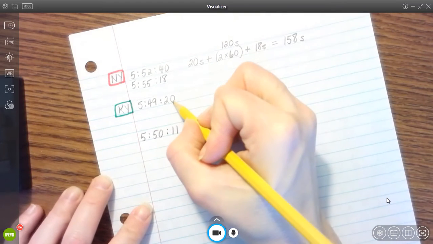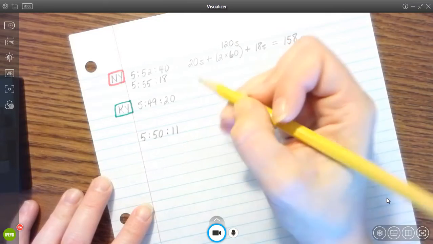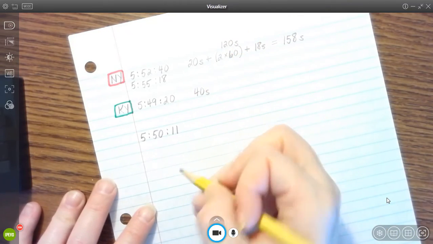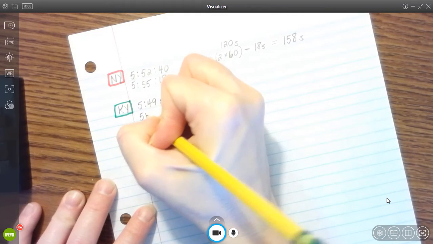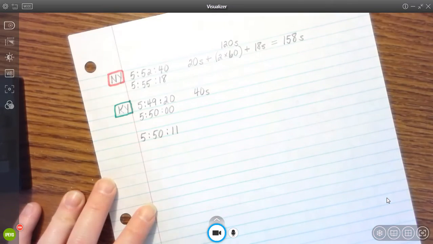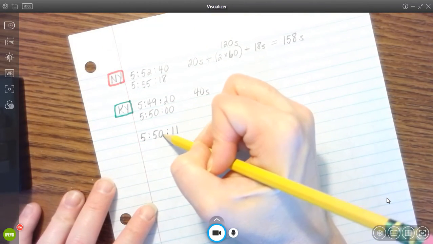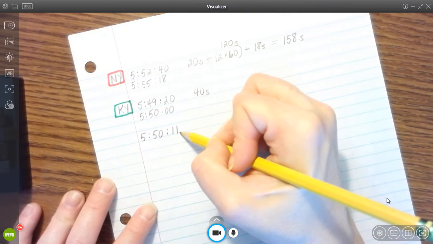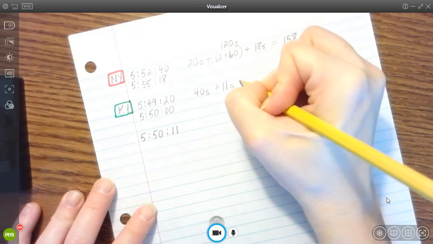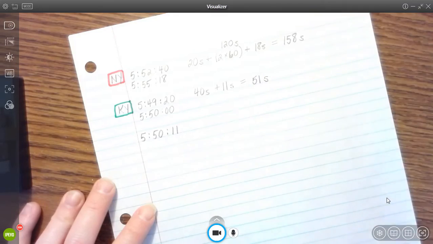So I'm at 20 seconds. The next whole minute would be at 60 seconds. So 60 minus 20 is 40 seconds. If I add 40 seconds, that's going to take me to 5:50. And then 5:50 to 5:50, I'm already there. So how much more time do I need to add? 11 seconds. So 40 seconds plus 11 seconds is equal to 51 seconds.